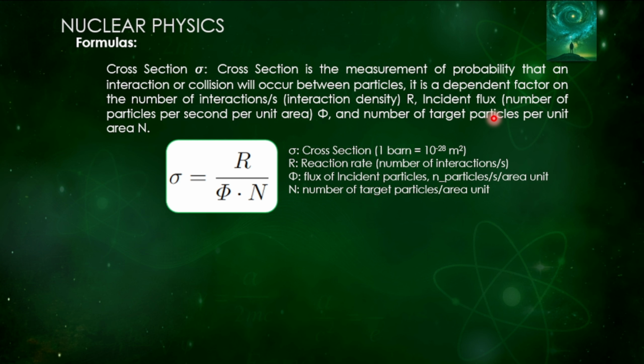This is the analogy. So sigma is equal to R, the number of interactions per second, divided by phi, the flux of incident particles, the number of particles crossing an area, let's say 1 centimeter square per second, times n, the number of targets located in that area. Great. So it gives you something like a probability factor of collision or interaction per unit area.